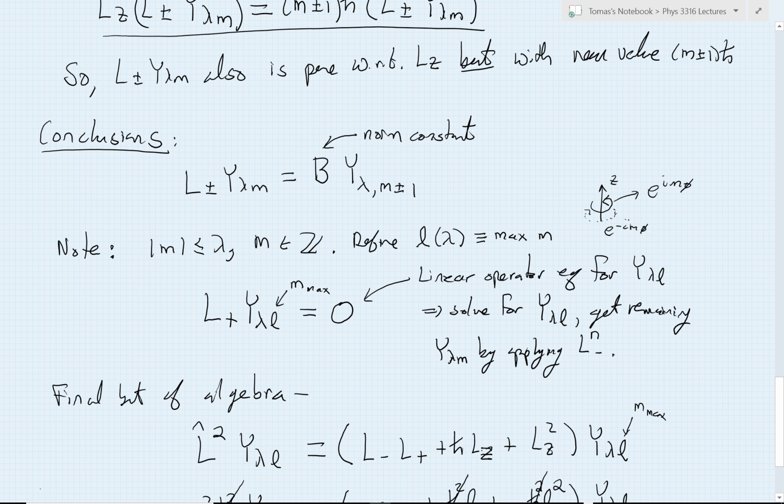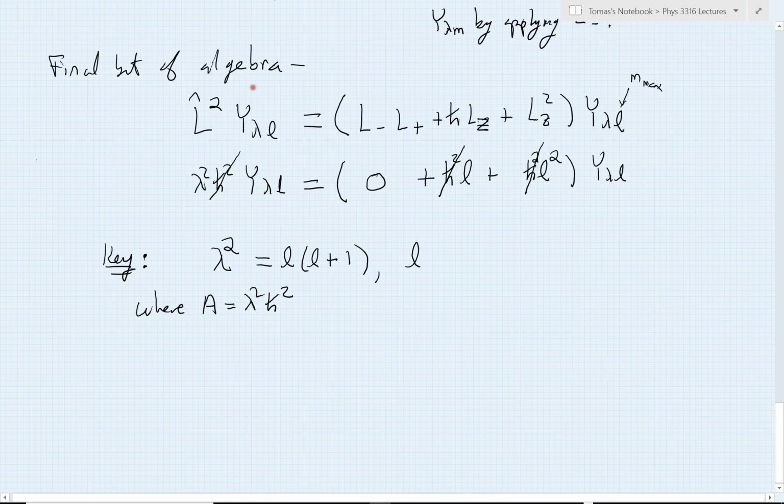So the conclusion of this then is that L could be 0, of course. L cannot be, though, a negative number, because that would imply the existence of positive m values for states by this time reversal or complex conjugate argument, and so therefore L must be a non-negative integer. So L then would have to equal 0, 1, 2, etc.